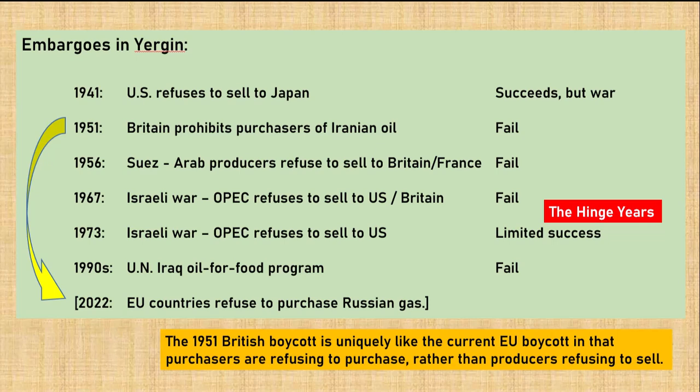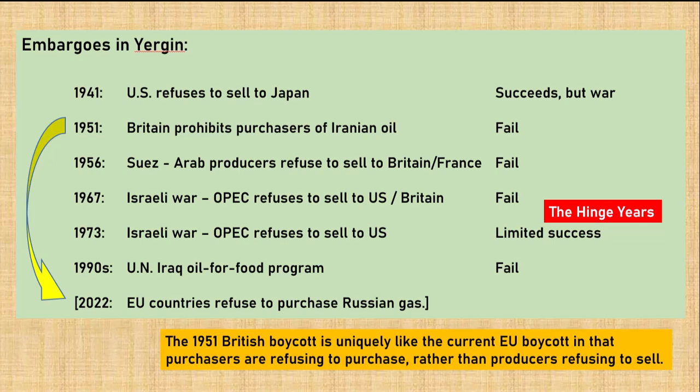So if the goal of the OPEC embargo was to prevent this action by Israel and the United States, then it was a failure. If the goal was to impose a horrible penalty or a horrible cost on those powers for doing what they were doing, then you could say it was a kind of success.